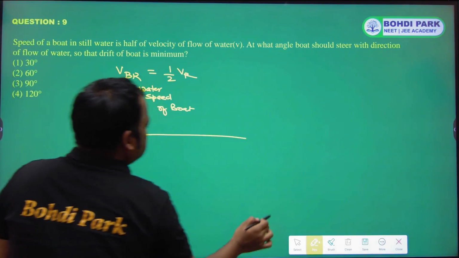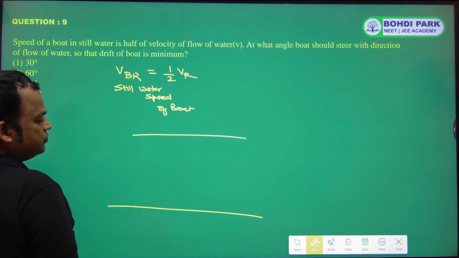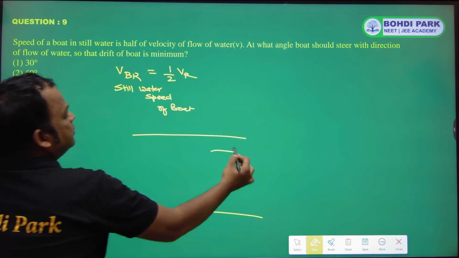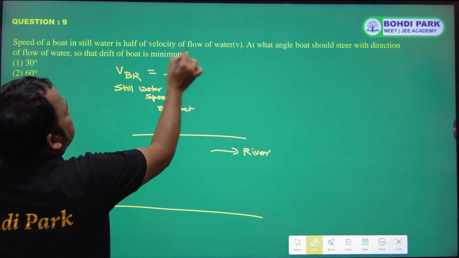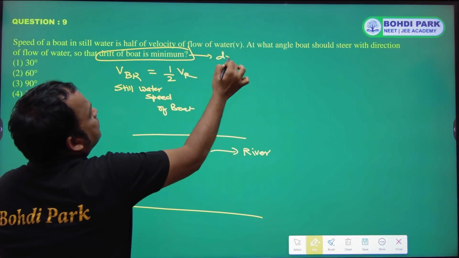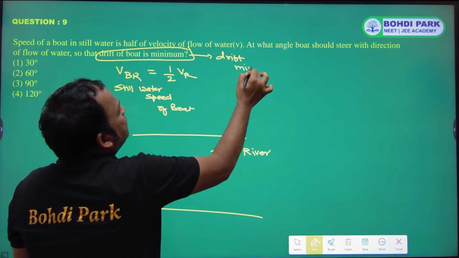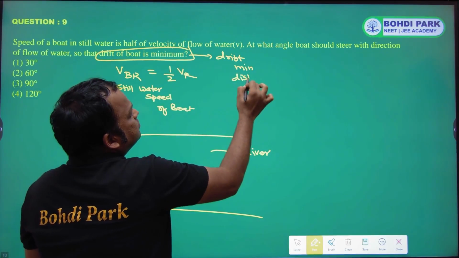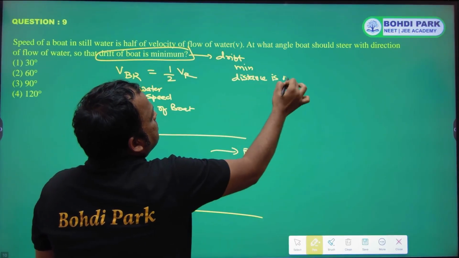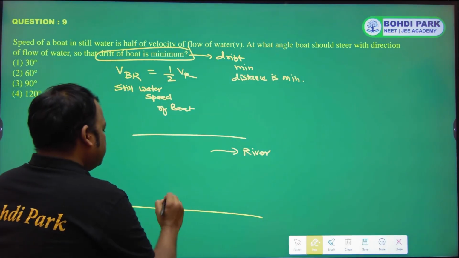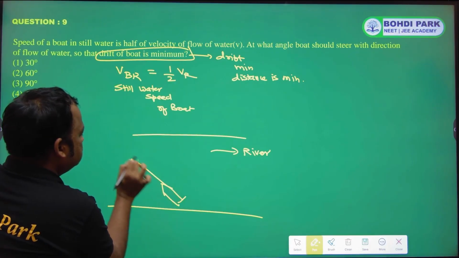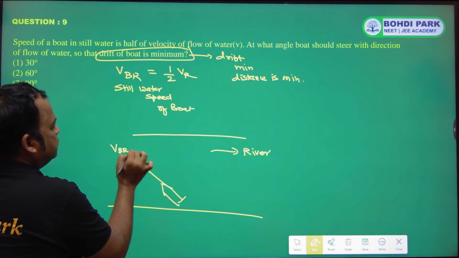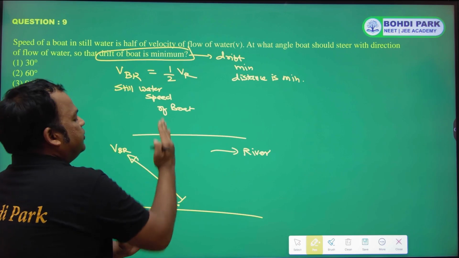So suppose this is the river, so that drift is minimum. Drift is minimum means distance is also minimum. So the boat should point such that it will go perpendicular to river.